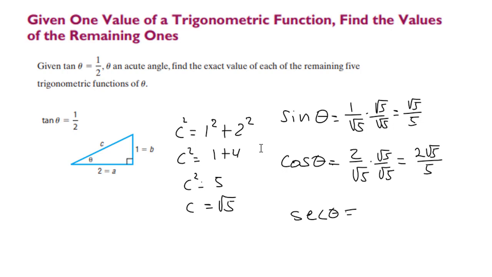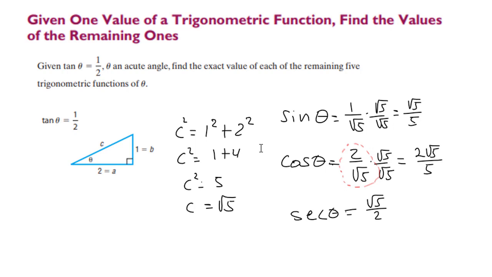Just be careful here, because if I choose to flip this fraction, I'm going to have square root of 5 in the denominator again, and I need to do rationalization. Therefore, I can choose this fraction, which is here, and just flip it, and my answer is going to be square root of 5 divided by 2.